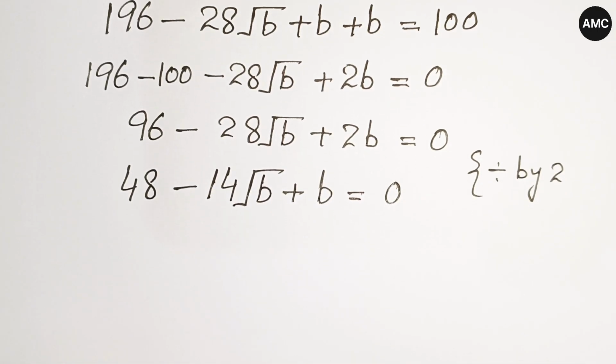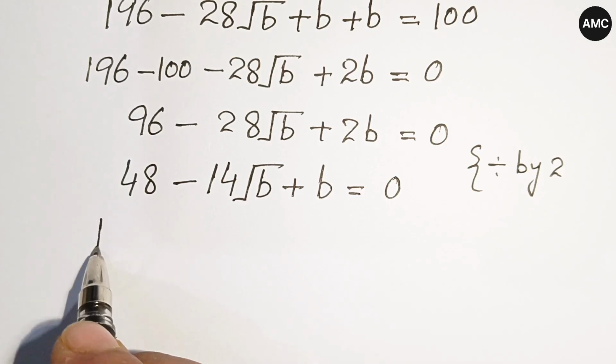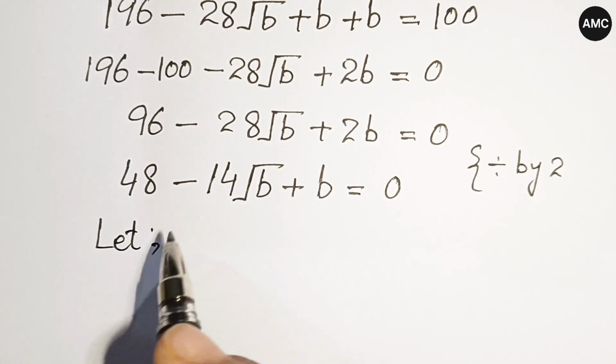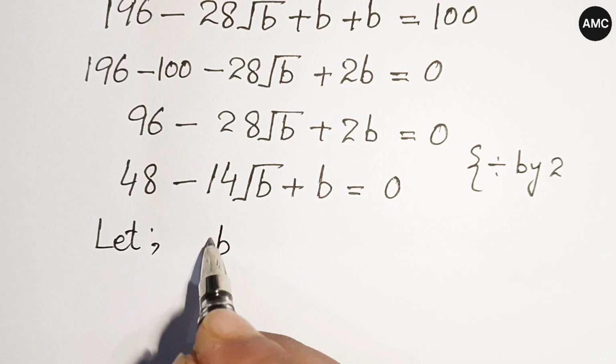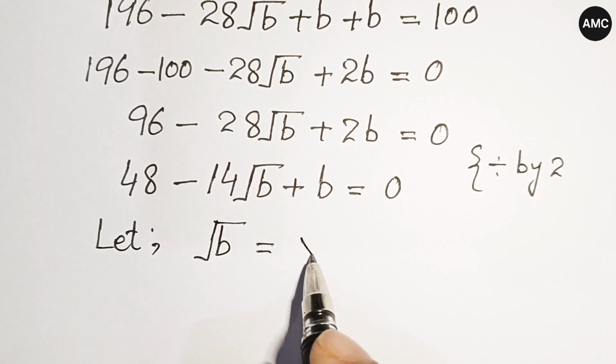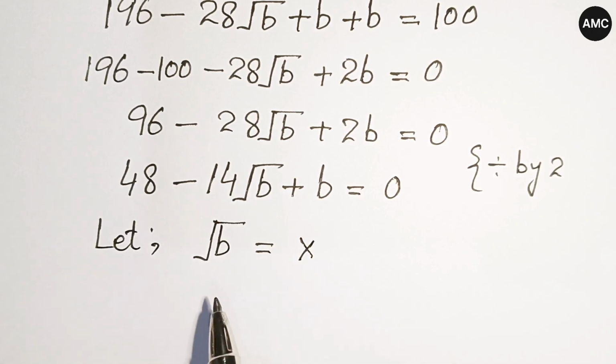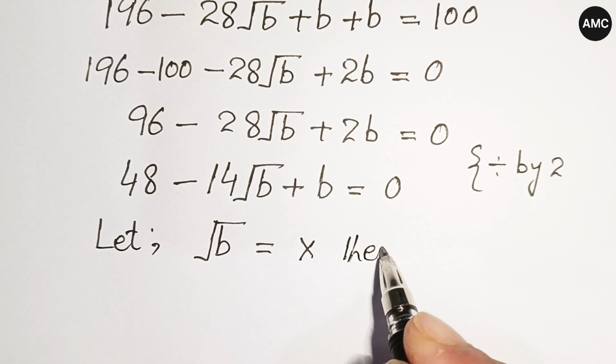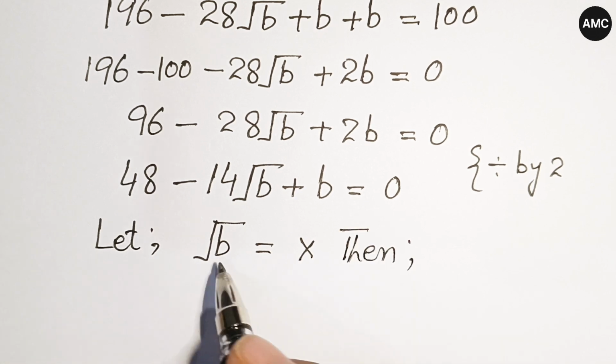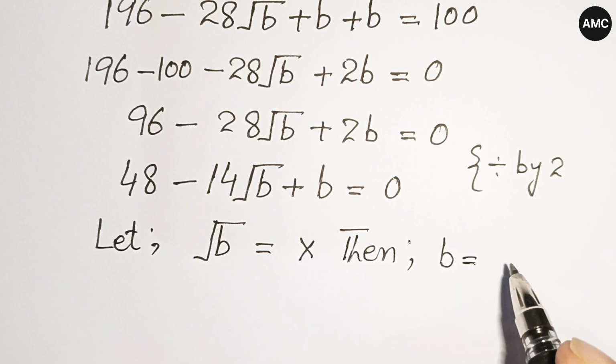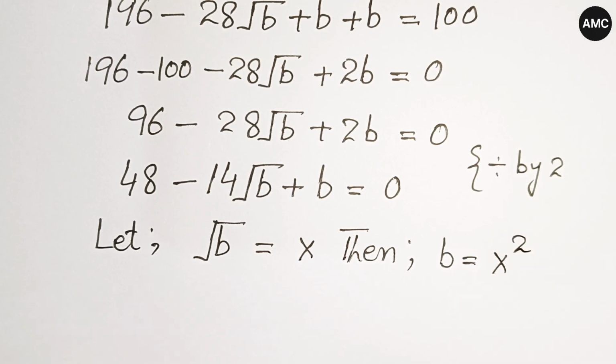Now let us consider that square root of b is equal to x. When square root of b is equal to x, taking the square on both sides, we get the value of b as x squared.